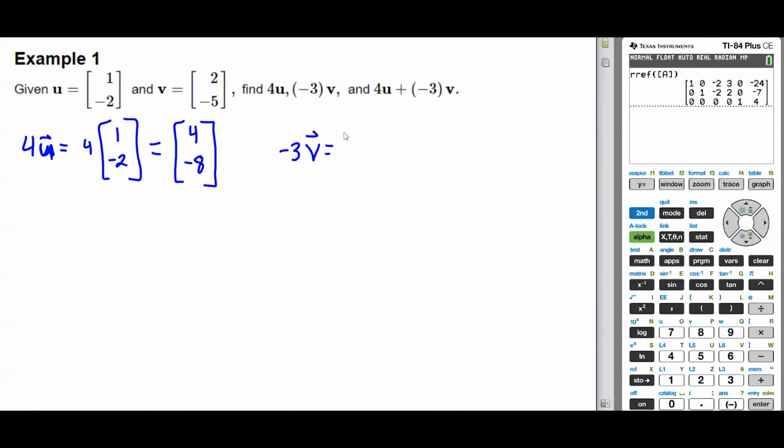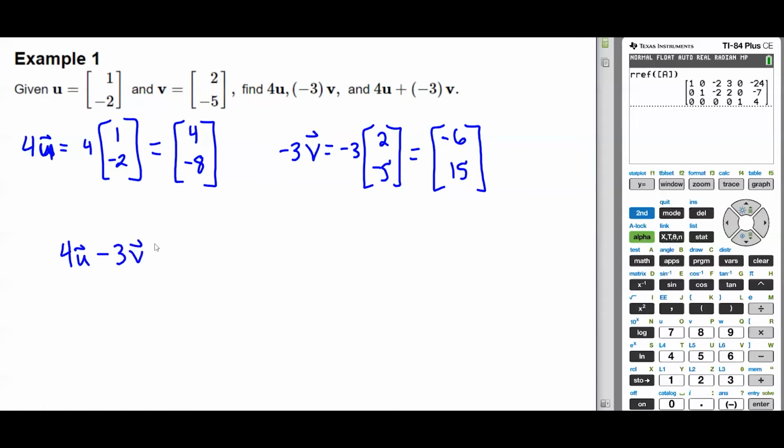-3v is going to be -3 times (2, -5). And again, we're going to multiply inside. That's going to be (-6, 15). And then last, 4u plus -3v.